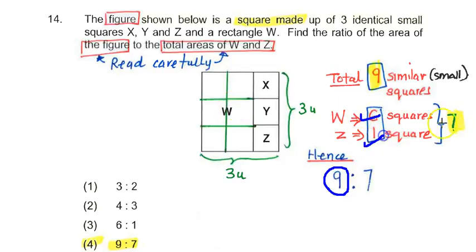Z, we have 1. Total 7. Alright? So the ratio is 9:7. The whole figure with W and Z is 9:7. Right, let's go for the last one.